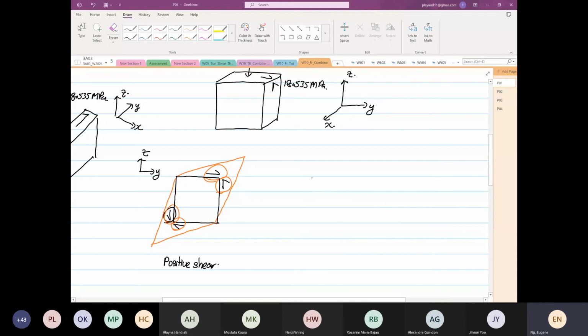And then negative shear, how does it look? I want to show you what is positive shear and what is negative shear. So this is our negative shear. Those two arrows, you take your thumb and another finger and pinch the square, and this is the way it's deformed. This is what we call negative shear.